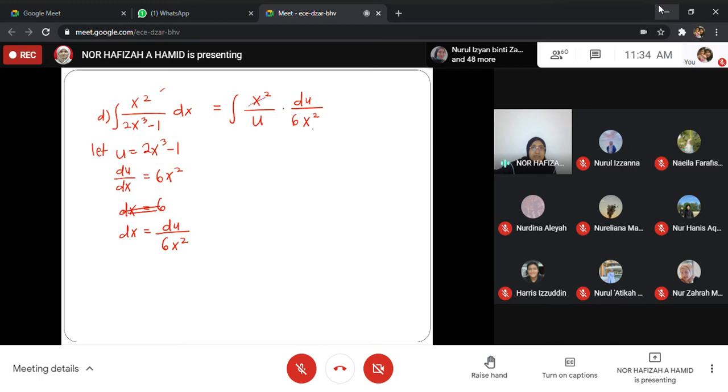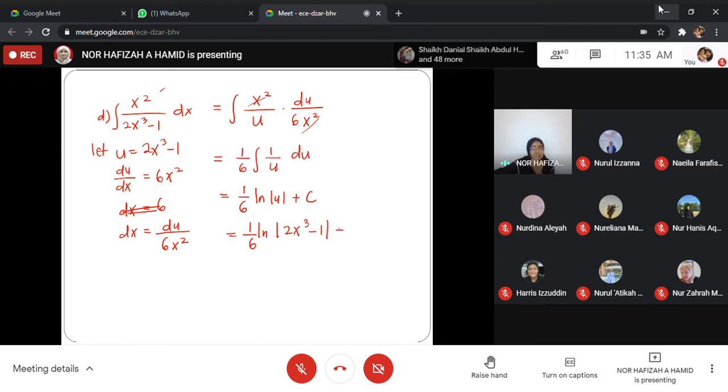So you cancel x squared and you are left with 1 over 6, integrate 1 over u with respect to u. So equal to 1 over 6, and integrating 1 over u gives ln u plus c. And for the final answer, substitute back u with 2x cubed minus 1, plus c.